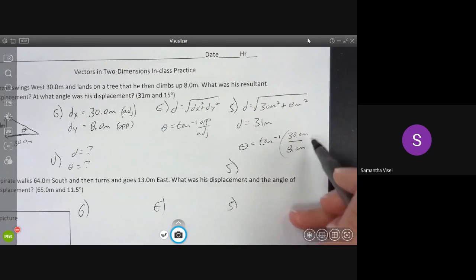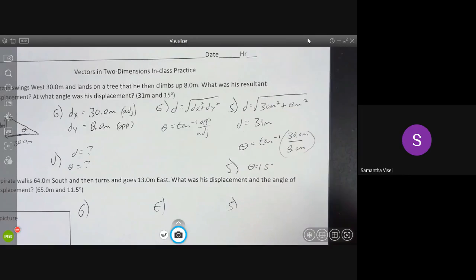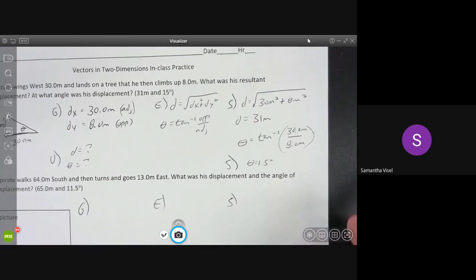Take the inverse tan of that, and we should have 15 degrees as my angle. Then you can include a description for that. So 15 degrees above the horizontal would be fine. Or if you wanted to do northwest, that would be fine. Either of those would work for your description here.